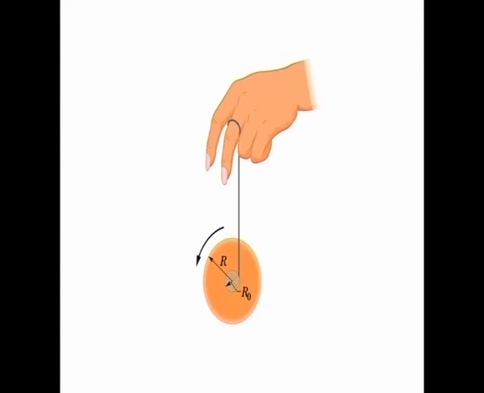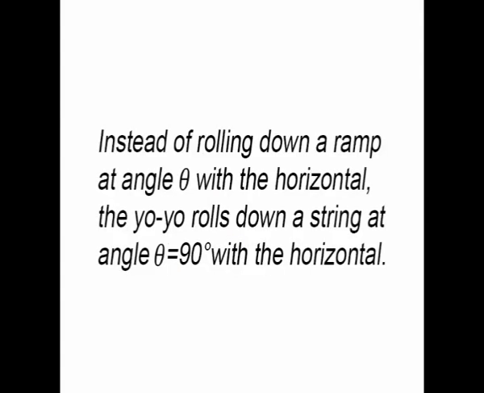To find an expression for the linear acceleration a_COM of the yo-yo rolling down a string, we could use Newton's second law just as we did for the body rolling down a ramp. The analysis is the same except for the following. Instead of rolling down a ramp at angle theta with the horizontal, the yo-yo rolls down a string at angle theta equal to 90 degrees with the horizontal.